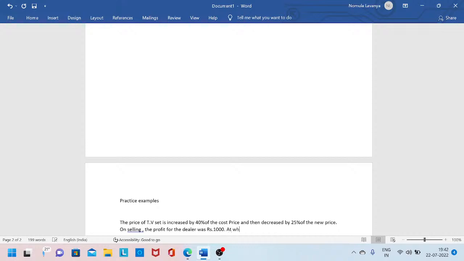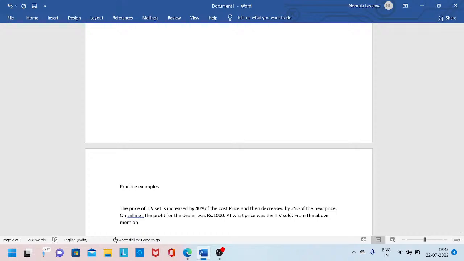At what price was the TV sold, from the above mentioned formulas, as I mentioned.